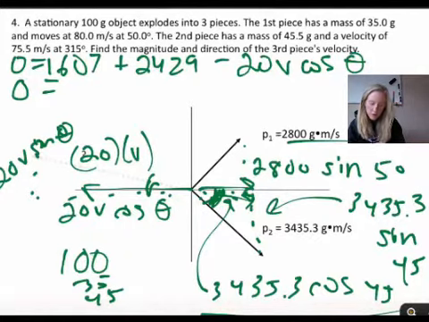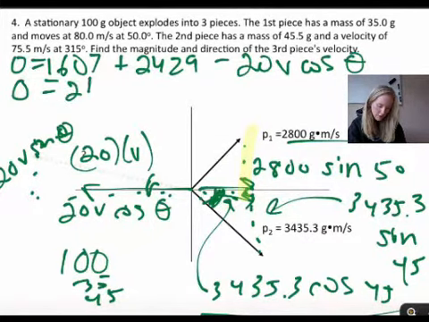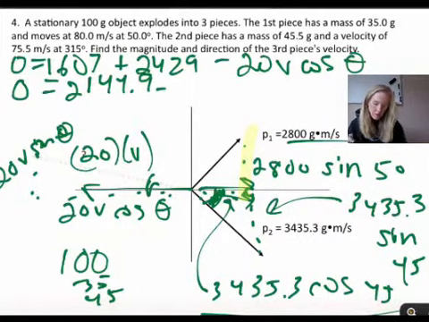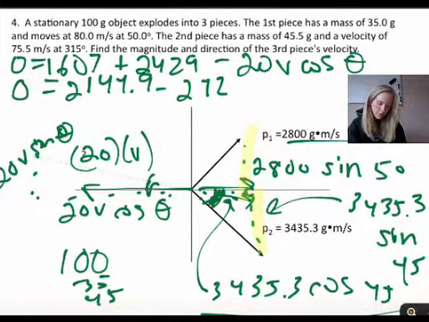I'm not just simplifying that first one. We've got 0 equals, this component is going up, so it's sine of 50 times 2800, which is 2144.9, minus this component, which is going down, which is sine of 45 times 3435.3, so 2429.